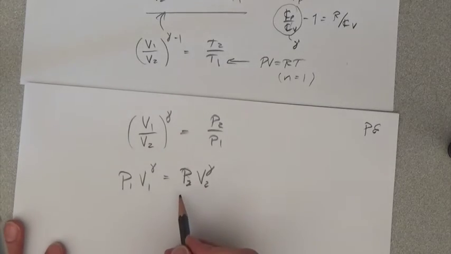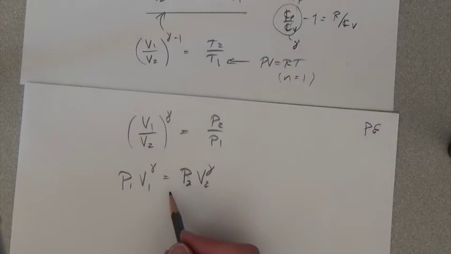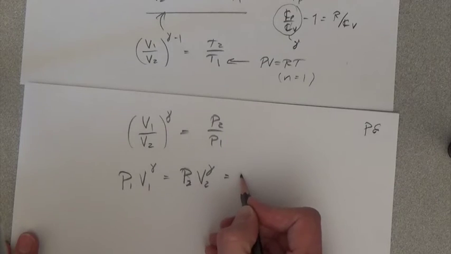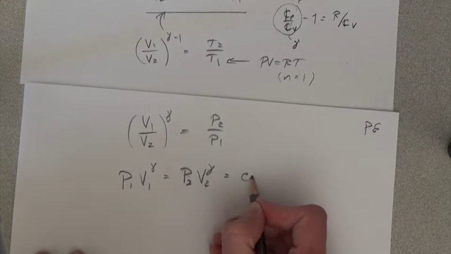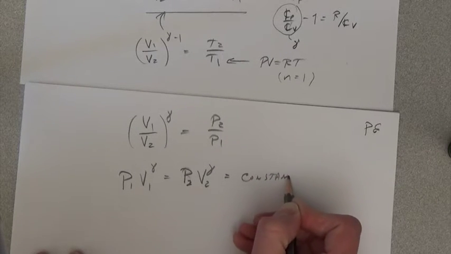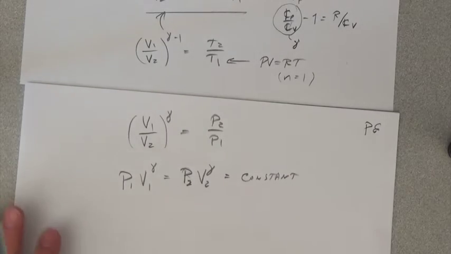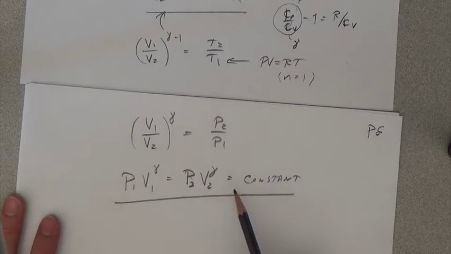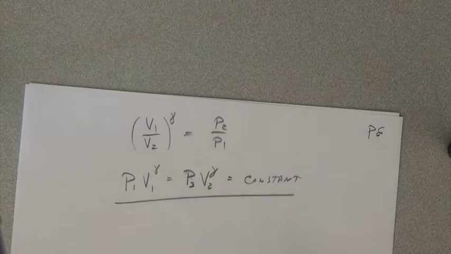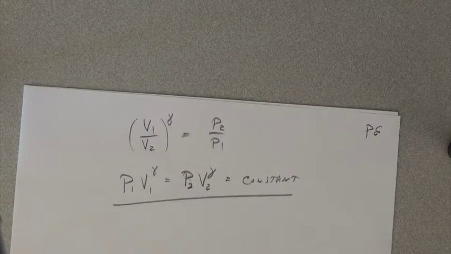And the only way that these two sets of parameters can be equal is if they're both equal to a mutual constant. So that's the consequence of adiabatic reversible work, or adiabatic reversible transitions.